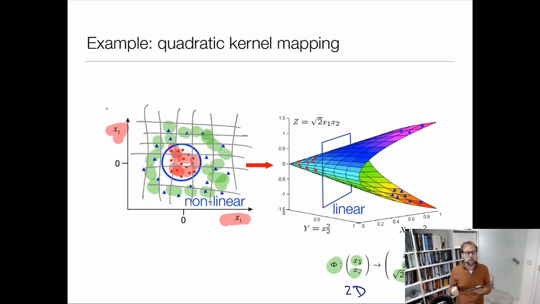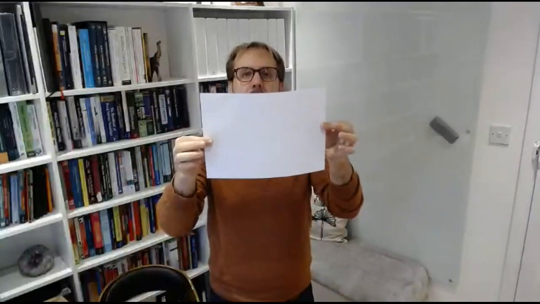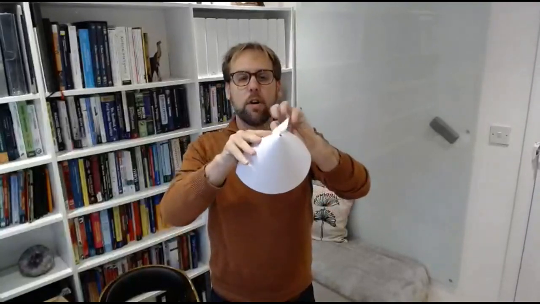So what I'm actually doing, I'm taking this 2D data, and I'm basically warping it up into this cone-like structure.